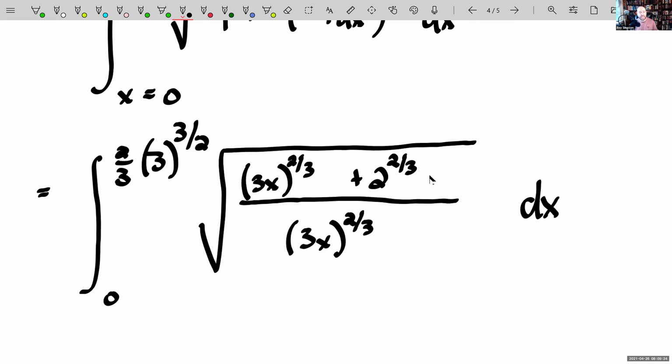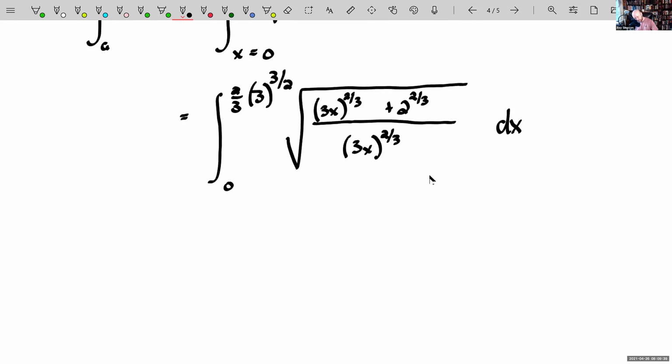As I mentioned at the beginning of this section today, your integrals will look really terrible when you're dealing with this. That's just, there's no way around it when you're dealing with arc lengths. The integrals get really ugly. However, I can at least take the square root of that denominator and pull it out.